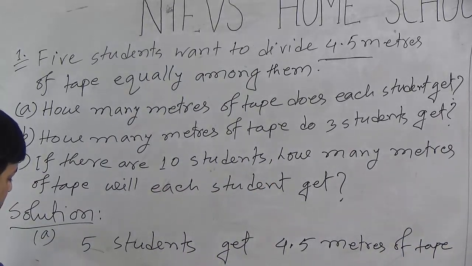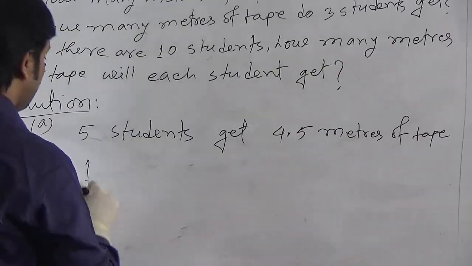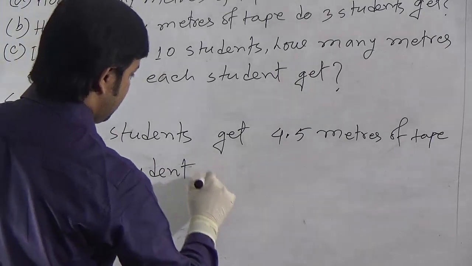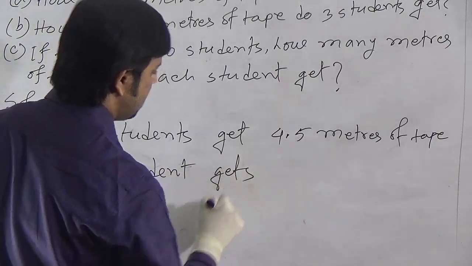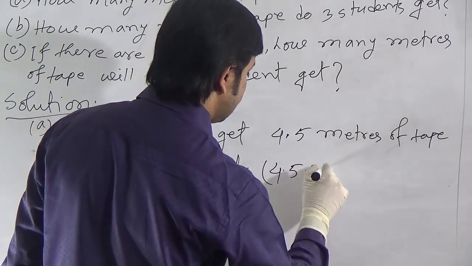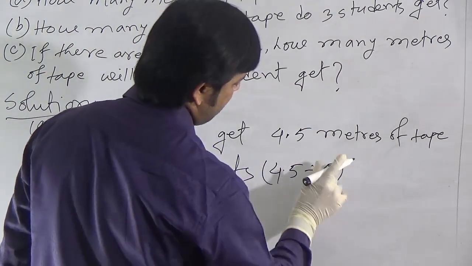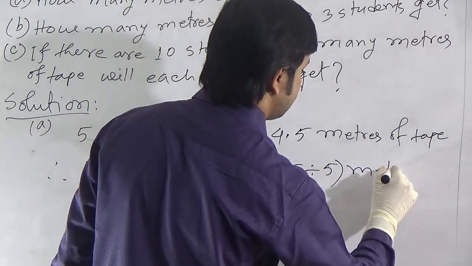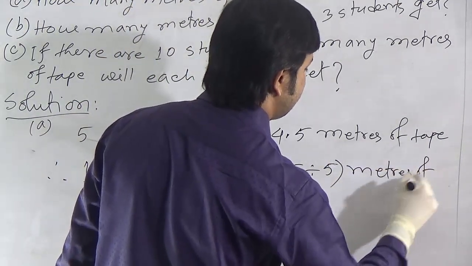Therefore, each student means one student. One student gets, so we have to divide 4.5 by 5, meters of tape.